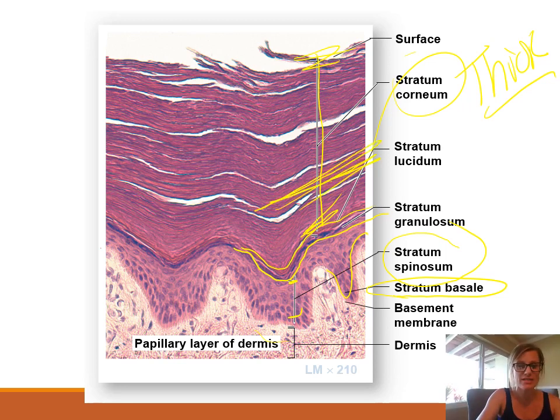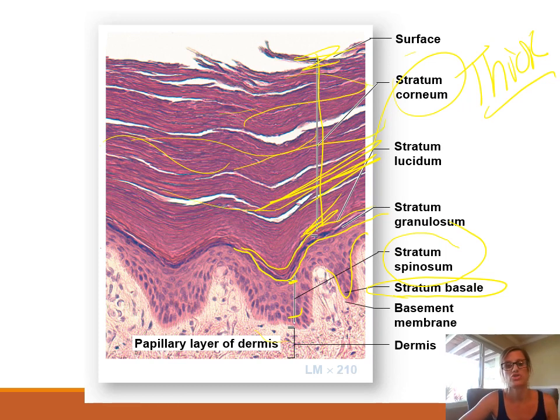So there are a ton of these dead skin cells sloughing off here in the stratum corneum. Also, the other thing that's a surefire way for you to know is that the stratum lucidum is present. If there was no stratum lucidum, it would be thin skin, but there is a stratum lucidum, so that means that this is thick skin.